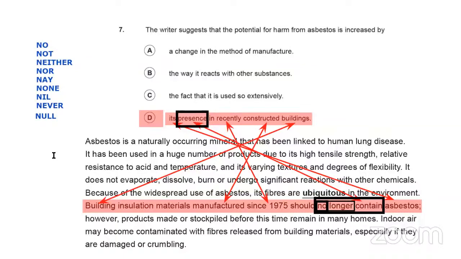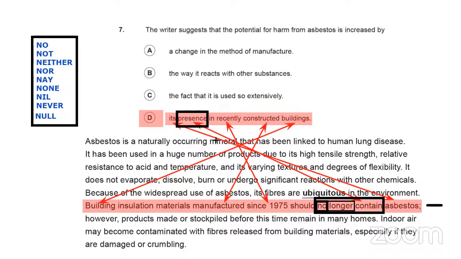So when they use these words, they become a negative sentence. So "no longer" is a negative sentence.